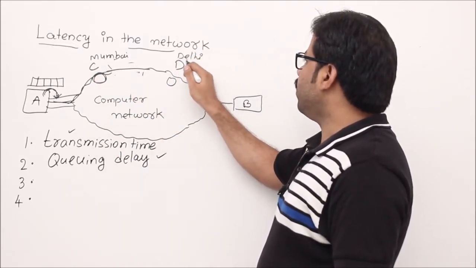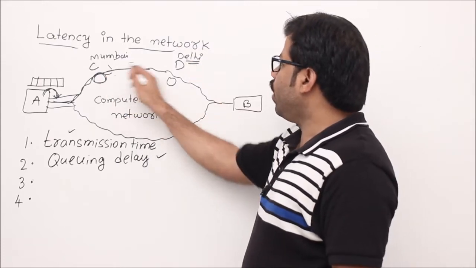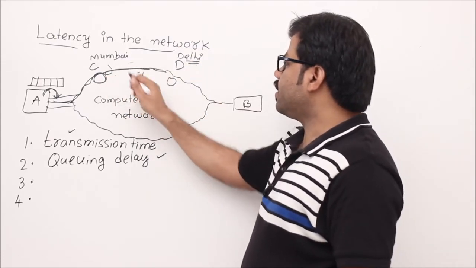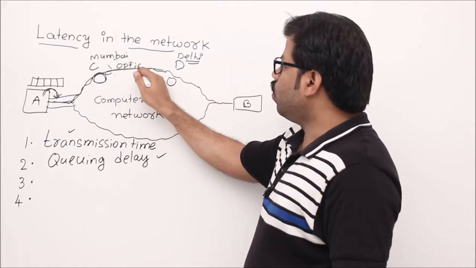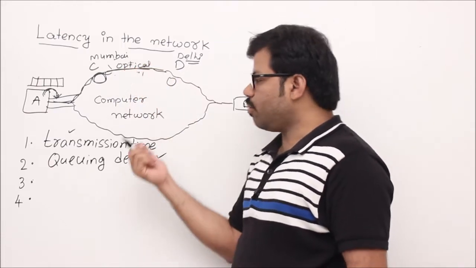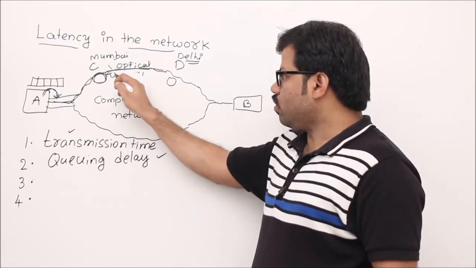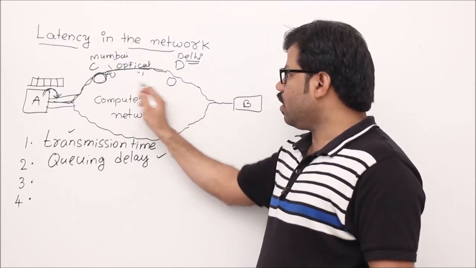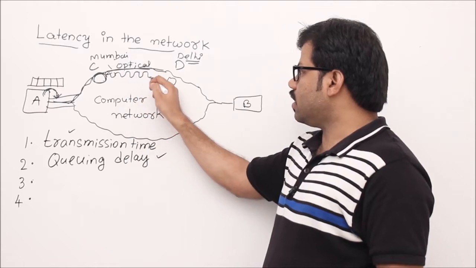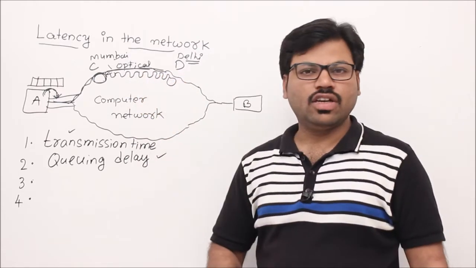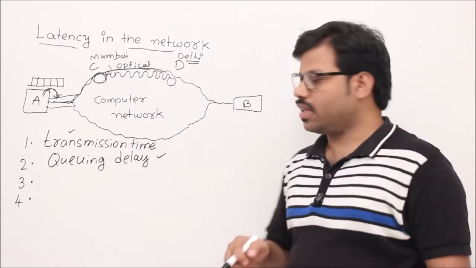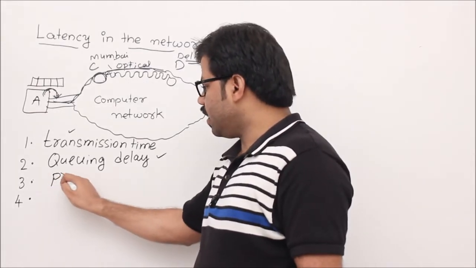Your message has to go through the Mumbai to Delhi line, let's say an optical fiber cable. To go through that, there is definitely some delay. Your signal has to propagate, because to reach from here to here, that signal has to travel this distance. We can't avoid that distance, so distance is a very important parameter. That is called propagation delay.